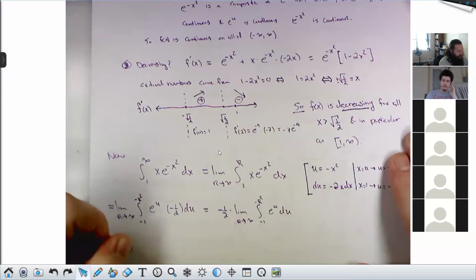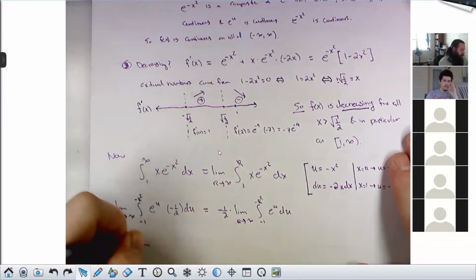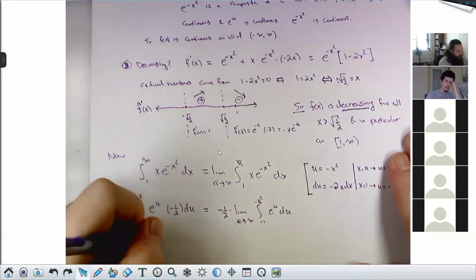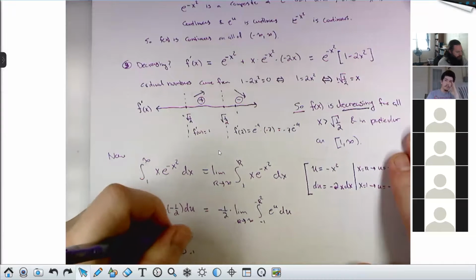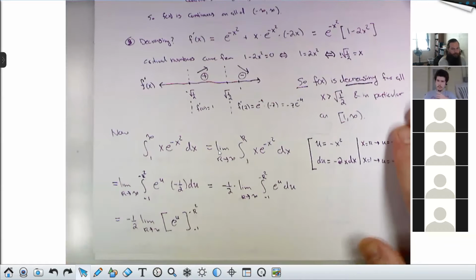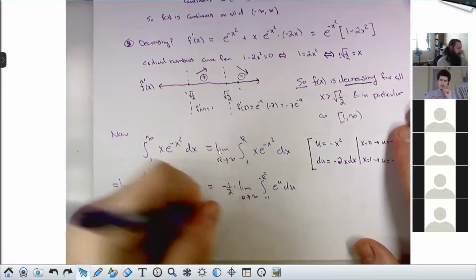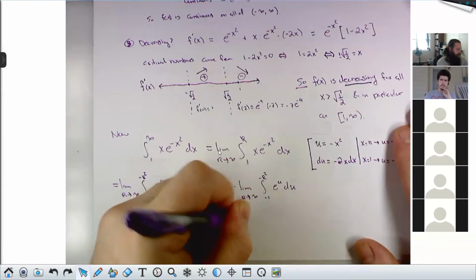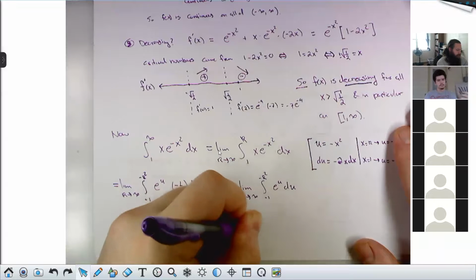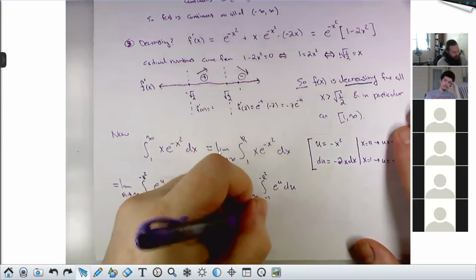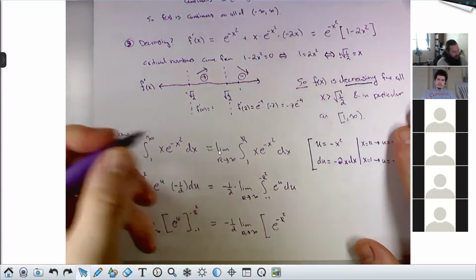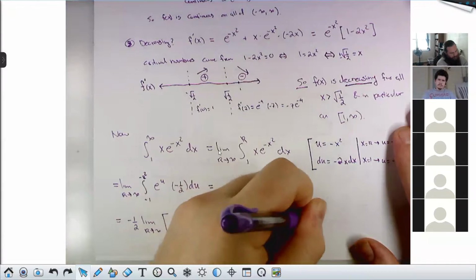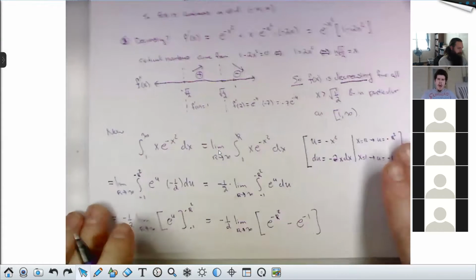This will be -1/2 times the limit as r goes to infinity of e to the u evaluated from -1 to -r squared, which is -1/2 times the limit as r goes to infinity of e to the -r squared minus e to the -1.